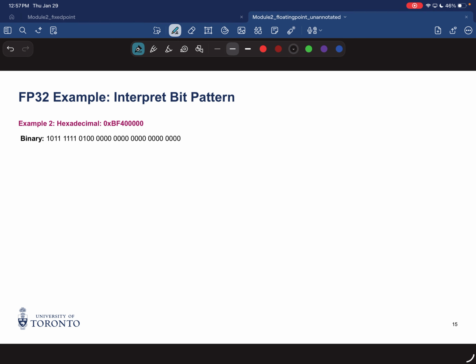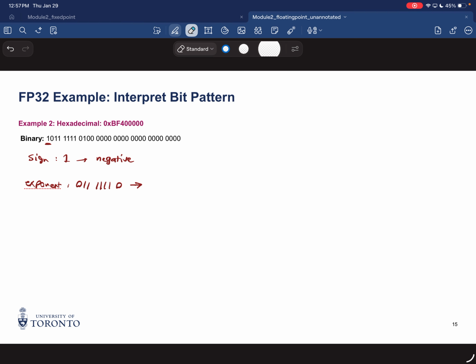Okay, since we are super quick about this, let's solve the other example too. Here the first bit again is 1, so our sign is going to be negative. Then we have the exponent, which is 0, 1, 1, 1, 1, 1, 1, 0. When we show 0b before the bits, it means it's binary.